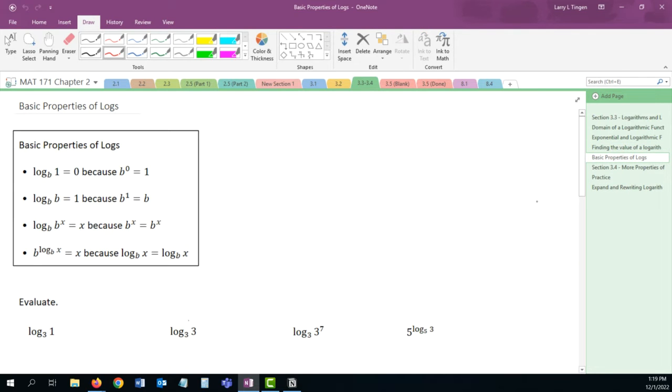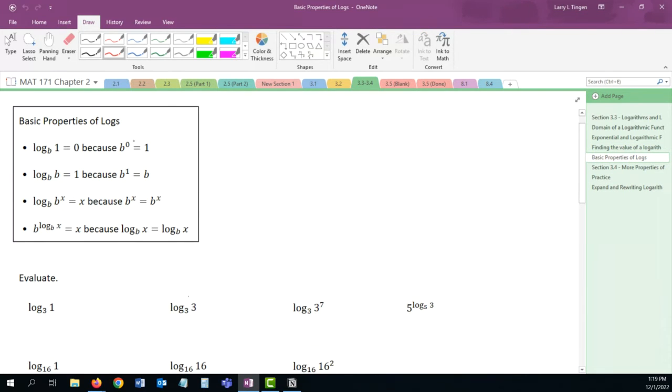Basic properties, we've already touched on these. Log base b of 1 is 0 because b to the 0 power always equals 1. Log base b of b is 1 because, and this is a little more clear here, what power do I raise b to get b? Well, that b in the argument is technically b to the first, right? So if the base and the argument are the same number, the answer is the exponent.